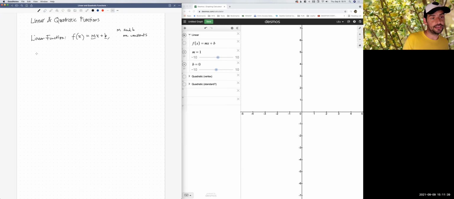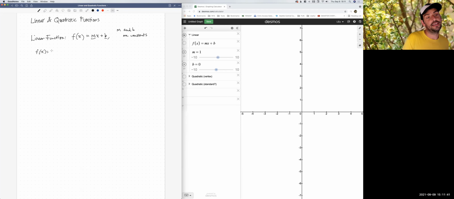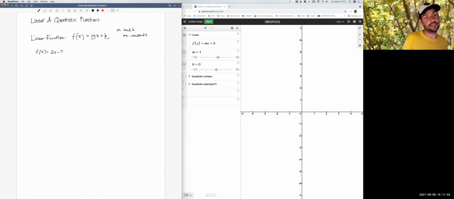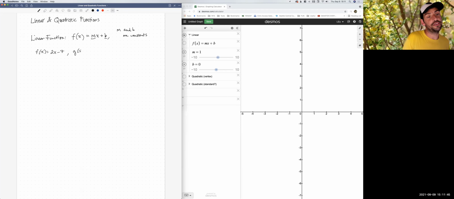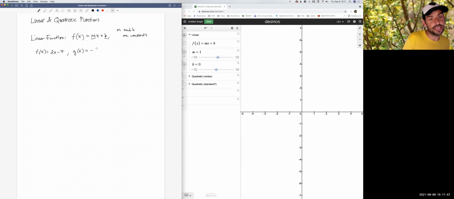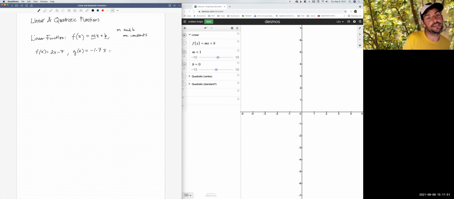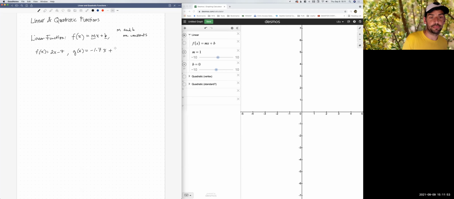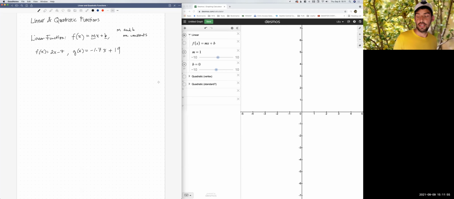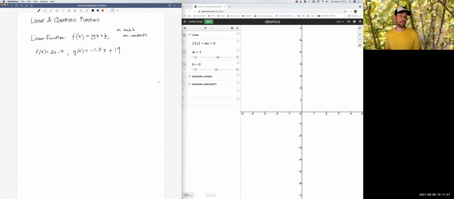So for instance, f of x equals 2x minus 7, and g of x equals negative 1.7x plus 19. Those are both linear functions, right?